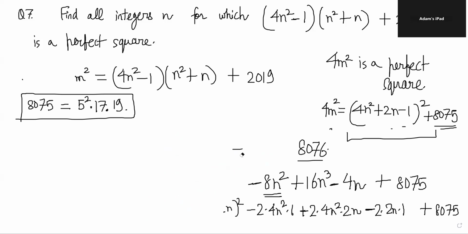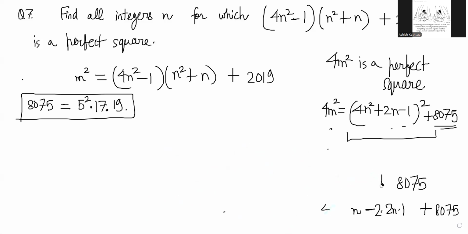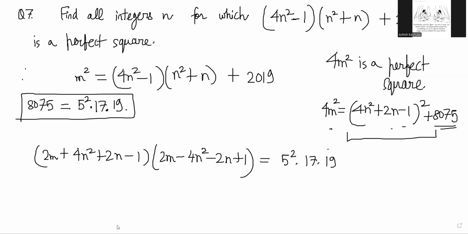So you can just say that it becomes (2m plus 4n square plus 2n minus 1) multiplied by (2m minus 4n square minus 2n plus 1) is equal to 5 square into 17 into 19. Correct?